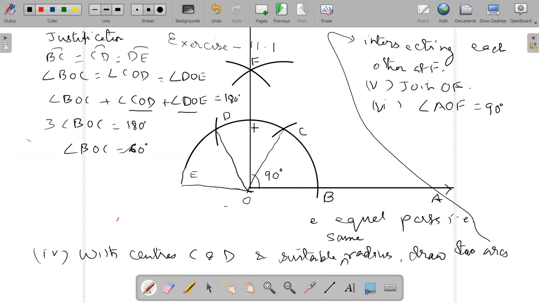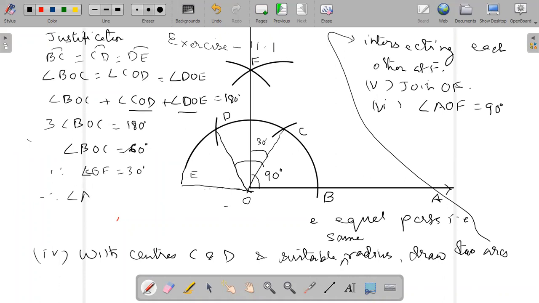When it is 60 degrees, then OF is the bisector of this angle. Therefore, this will be 30 degrees because OF is the bisector. You can see this is the construction of a bisector. So angle COF is equal to 30 degrees.